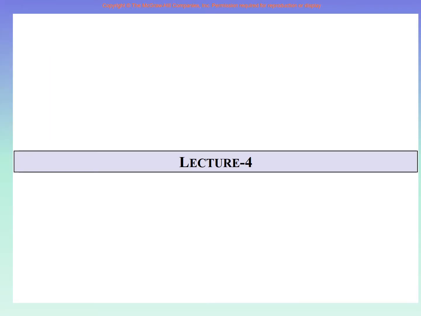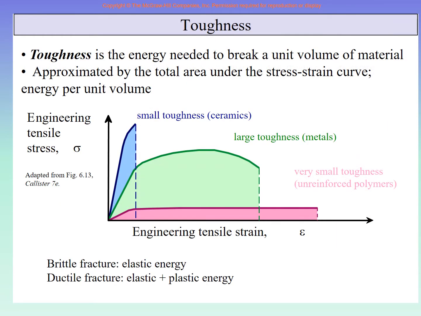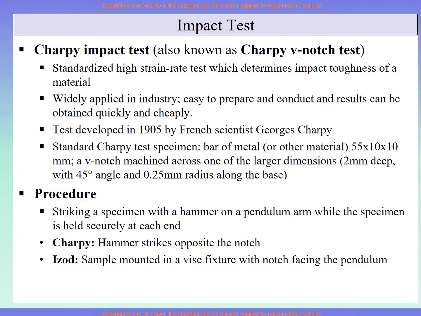So let us see very quickly review what we covered last time. We defined and explained resilience. Then we defined toughness, the area under the whole stress strain curve. Then we talked of toughness and impact testing. What is impact loading? What is toughness? What is impact toughness?